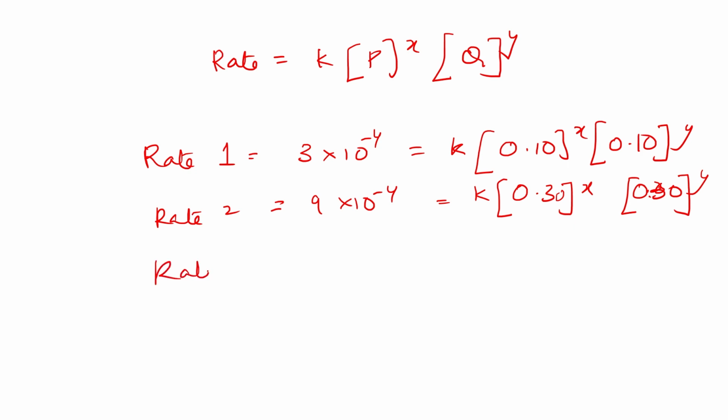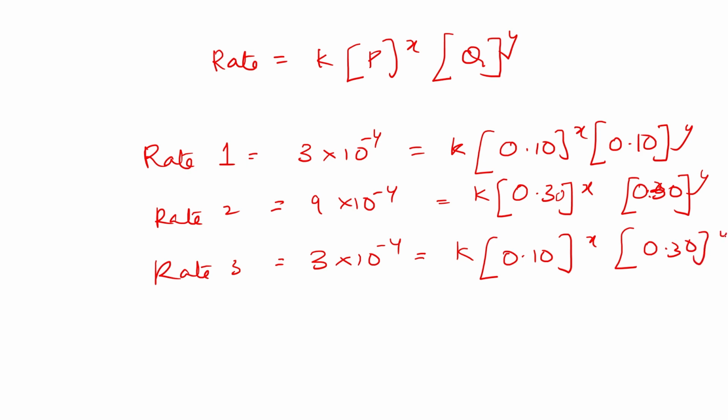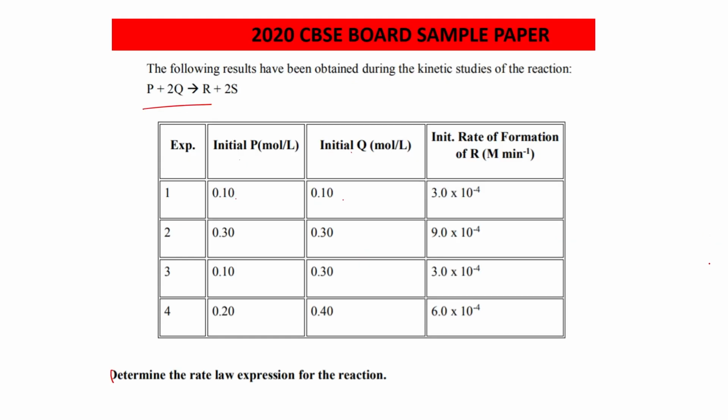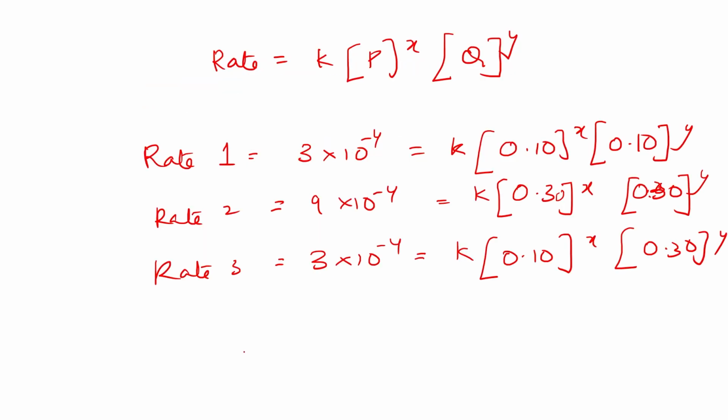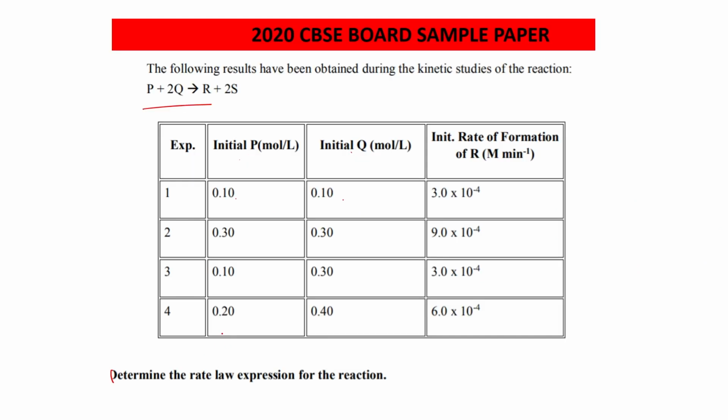Let us take rate 3 now. k into 0.1 to the power x and 0.3 to the power y. Right, students? So I have noted all the rates, and we need to determine the rate expression, the rate law, for this.